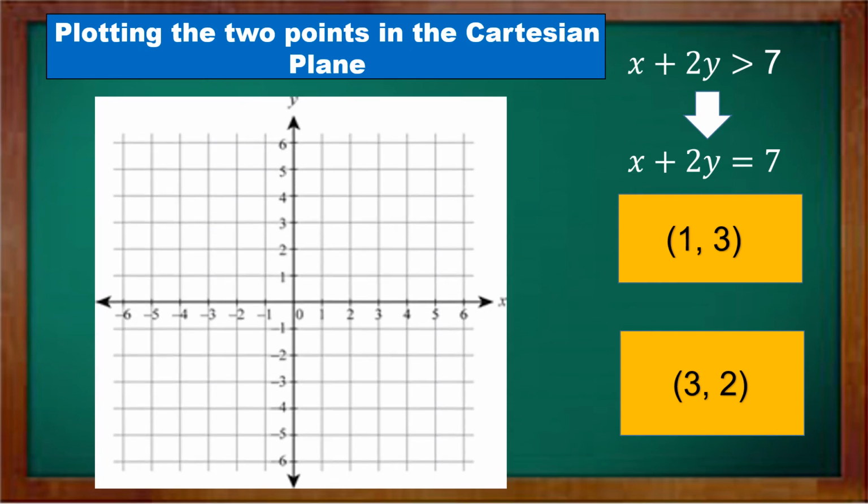Point (1, 3) is here, and (3, 2) is here. Now we will connect the 2 points using a broken line, because the given inequality uses greater than.